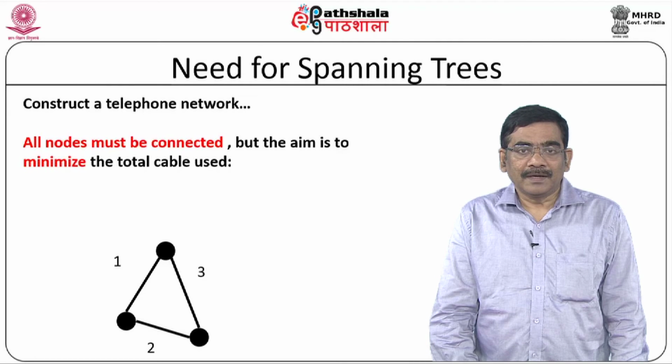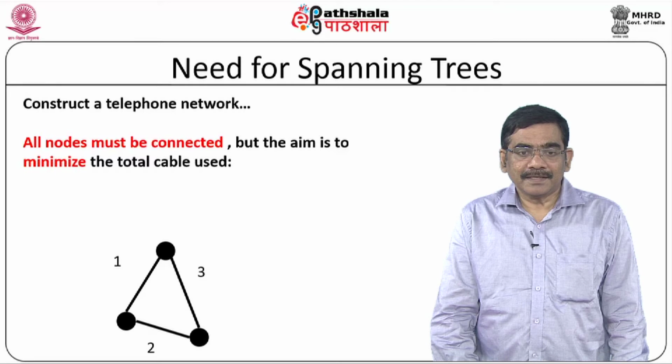Therefore, not only the telephone network, any network that is related to power, telephone, etc., can use this minimum spanning tree algorithm to get a network where there is connectivity, but at the same time there is no redundancy of the edges.